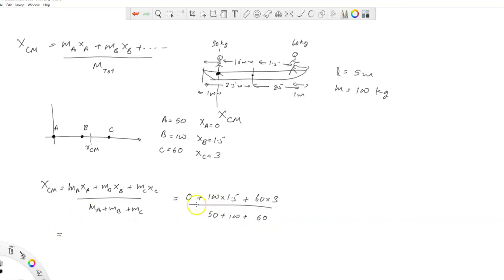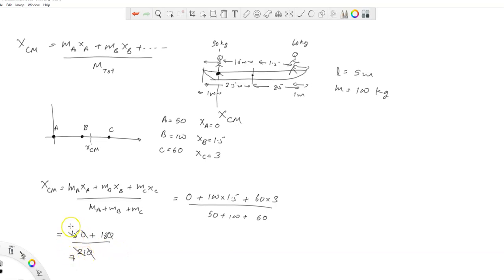So we have 150 plus 180 over 210. So we can take care of this. They are all divisible by 3.